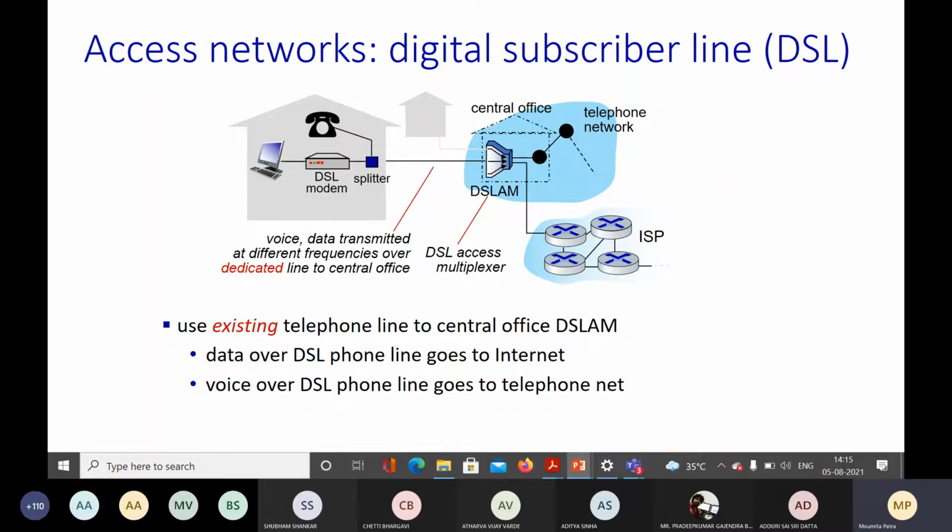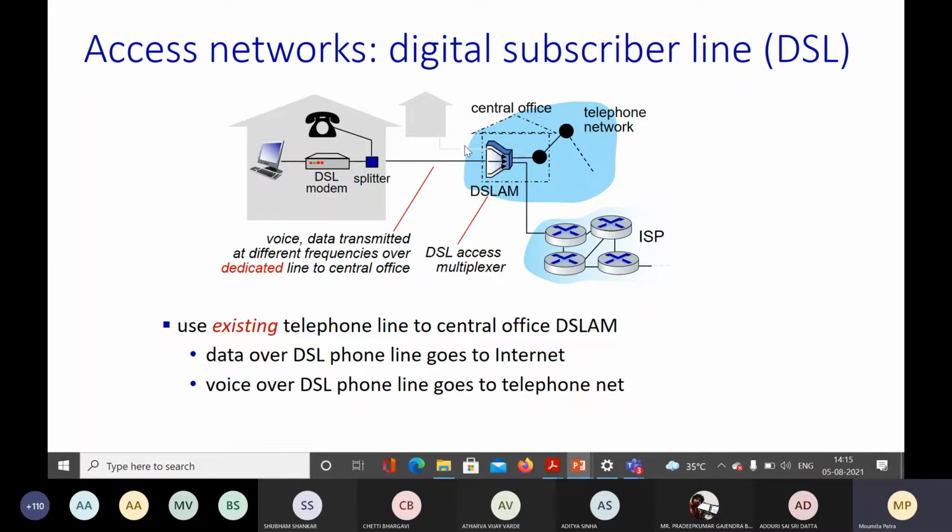Now, if we look at it from the point of view that I send a signal from the system at home towards the internet, if I am trying to browse something, the signal goes out from here to this DSL access multiplexer.